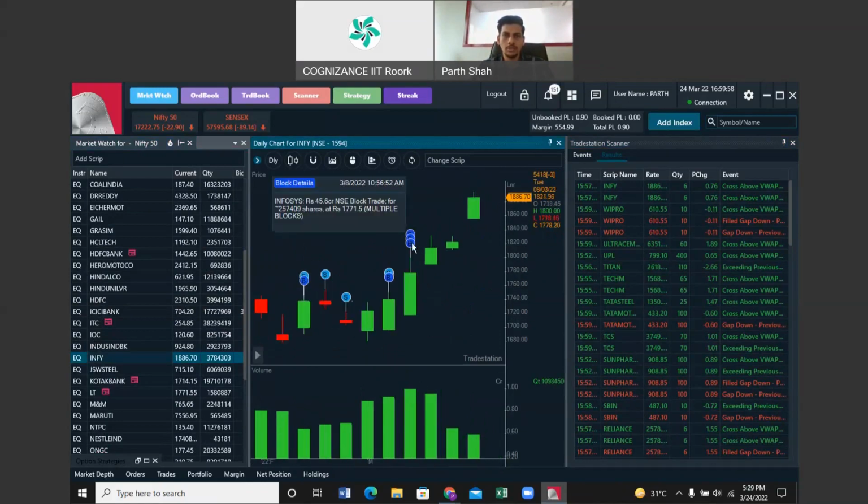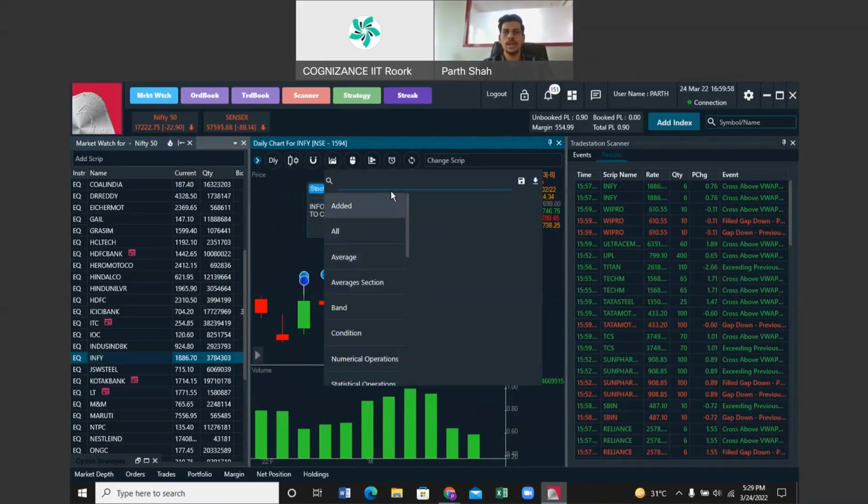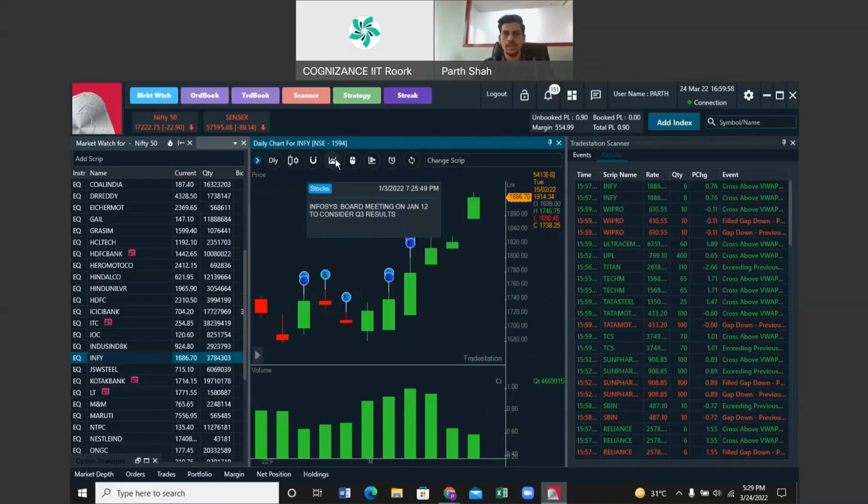You can see the news which came on this particular day. Now this chart has multiple options that you can add. You can add studies on this chart. Apart from this, you can toggle between line, bars, candles, etc. Then if you are making a drawing, you have the magnet symbol as well.